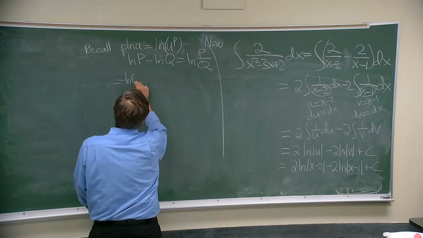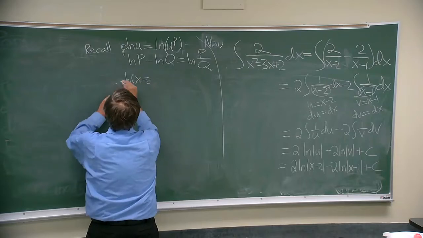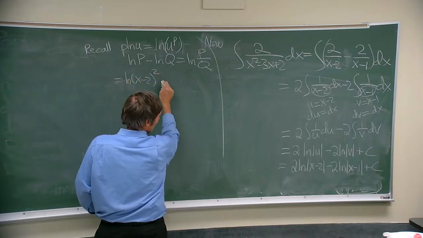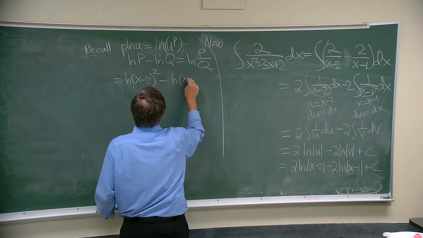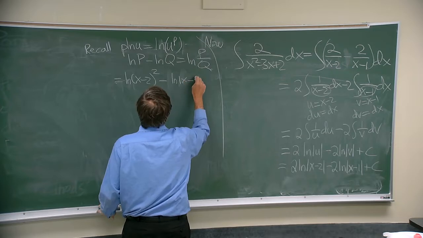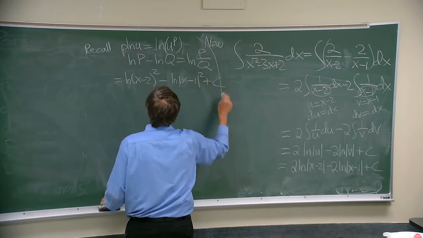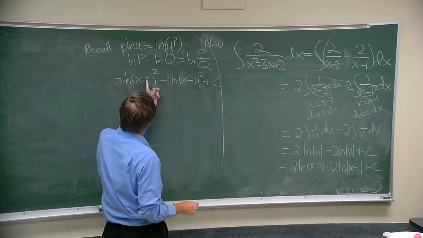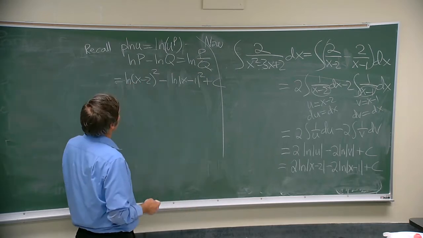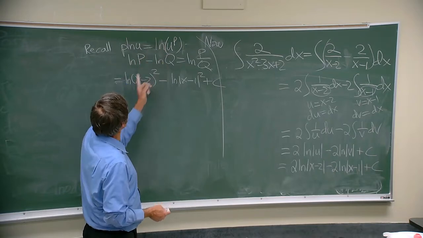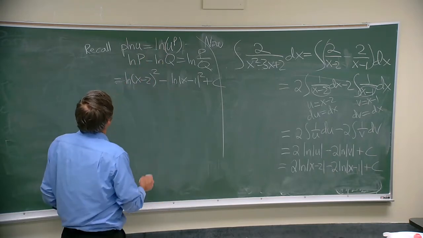So we can rewrite this as natural log of (x minus 2) squared minus natural log of (x minus 1) squared plus a constant, right? Because p ln of x minus 2 is ln of (x minus 2) to the p, with p equal to 2.